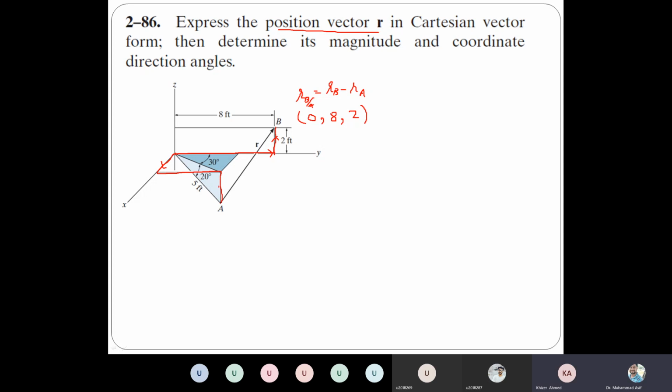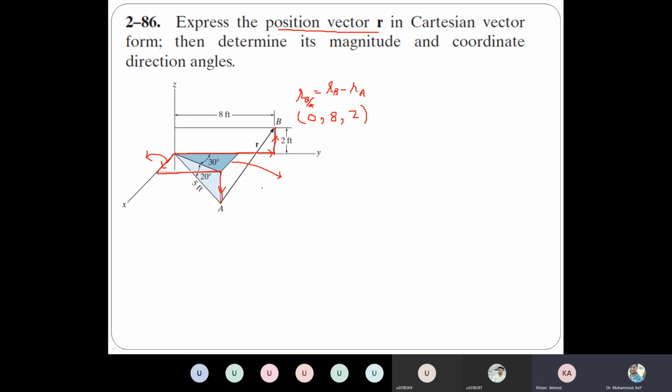So basically we need these 3 dimensions. So how to get these directions? For example, how to get this direction? This distance is equal to this distance because these are parallel to each other. So how to get this distance?